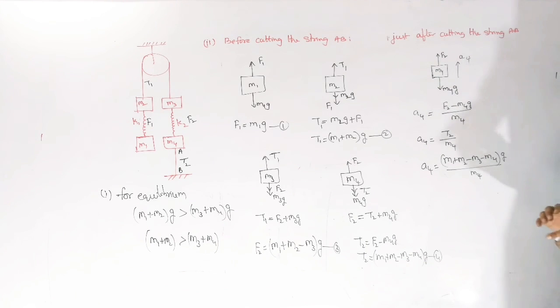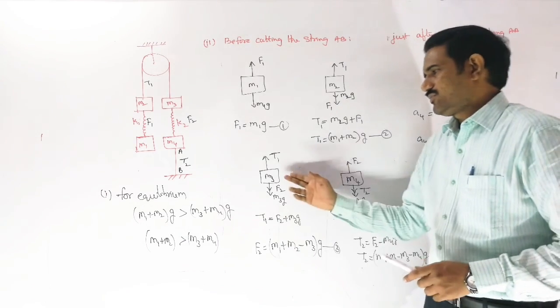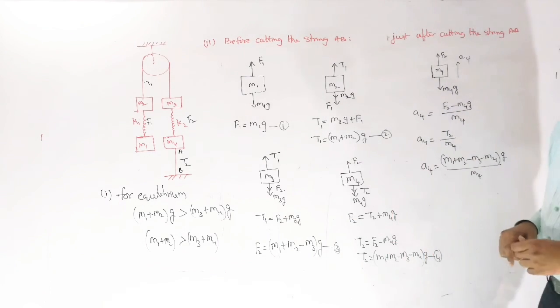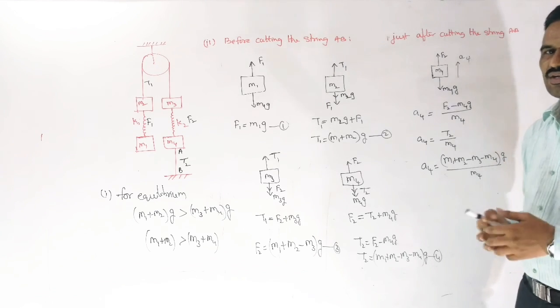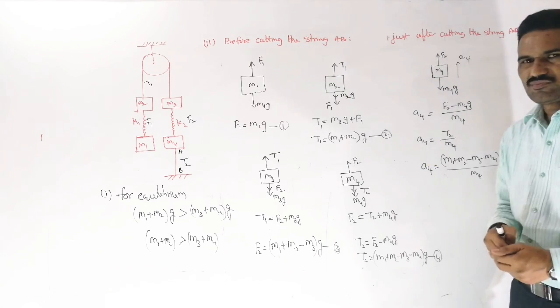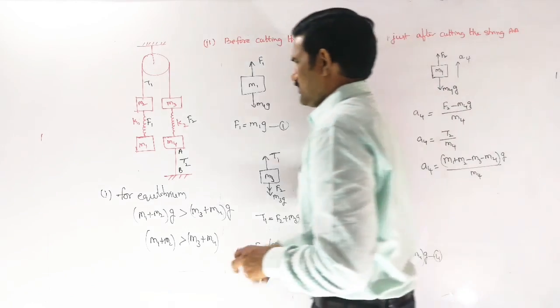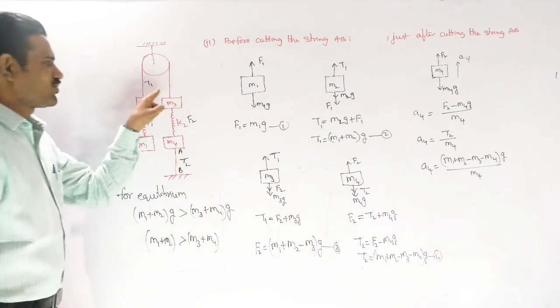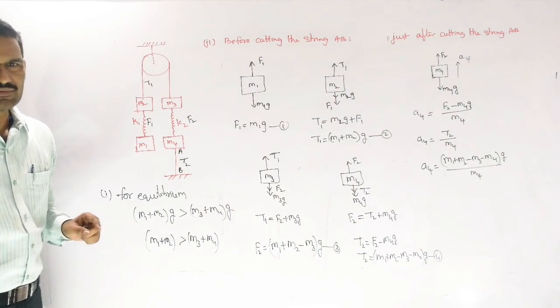And next, this is the FBD of the 3 kg block, for example. If you are taking the FBD of the 3 kg block, the remaining you can answer directly also, right? So now, is there any change in the force acting on this block here, M3?